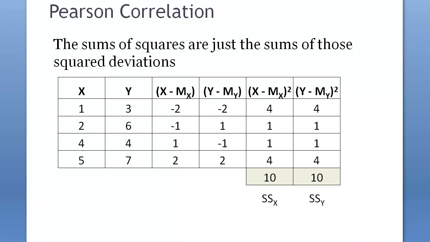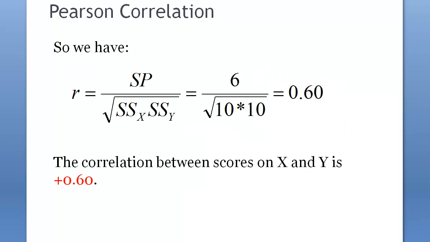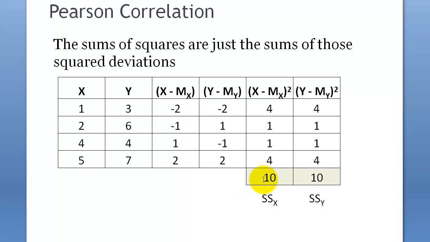Why do you do that? So when you do sum of squares x times sum of squares y, it's going to be 10 times 10, and it's 100, and the square root of that is 10.